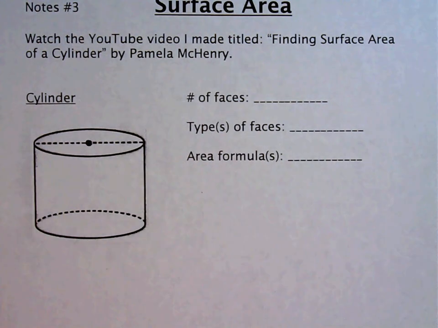Now we're going to do surface area of a cylinder. Recently we have been doing surface area of several different three-dimensional shapes, but this time our three-dimensional shape doesn't necessarily always have a flat surface, like say our rectangular prism or our triangular prism or even our pyramids all have flat surfaces.